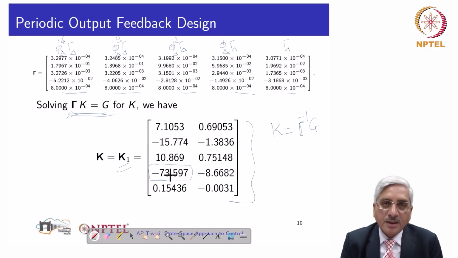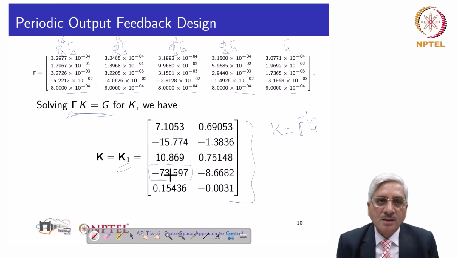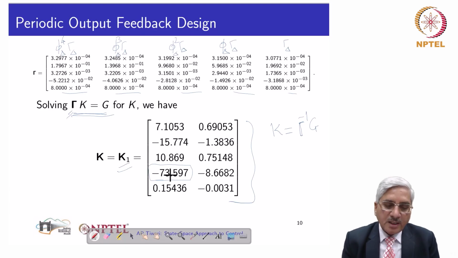Although it doesn't represent a mathematical concern, in practical implementation large gains mean that even a small error will generate a large control signal, and sometimes drive the control signal to saturation value. So for n equal to 5, we solve for k and we get this k.